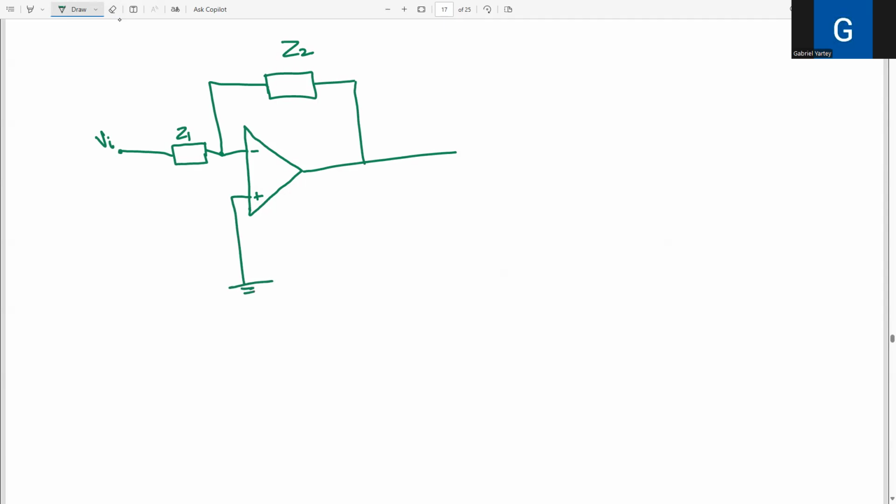So to find the transfer function of the inverting op-amp, it's going to be minus the feedback impedance over the input impedance here, Z1.